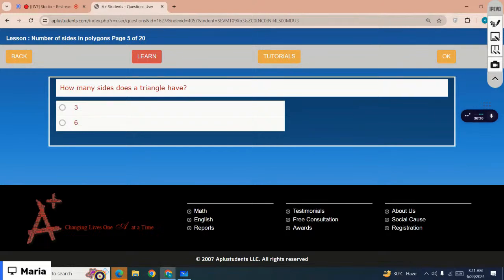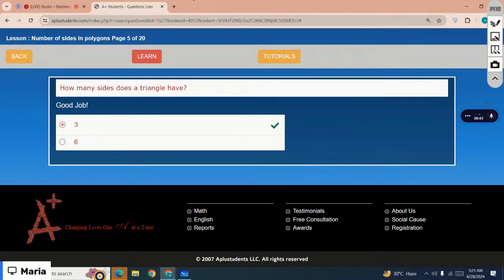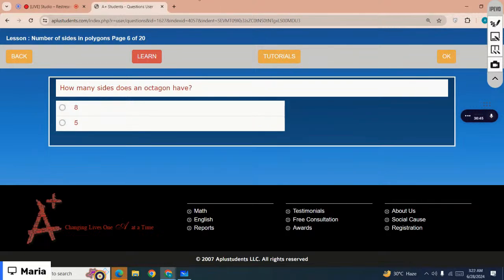How many sides does a triangle have, which is the correct option? A triangle has three sides. The correct option is three. How many sides does an octagon have, which is the correct option?